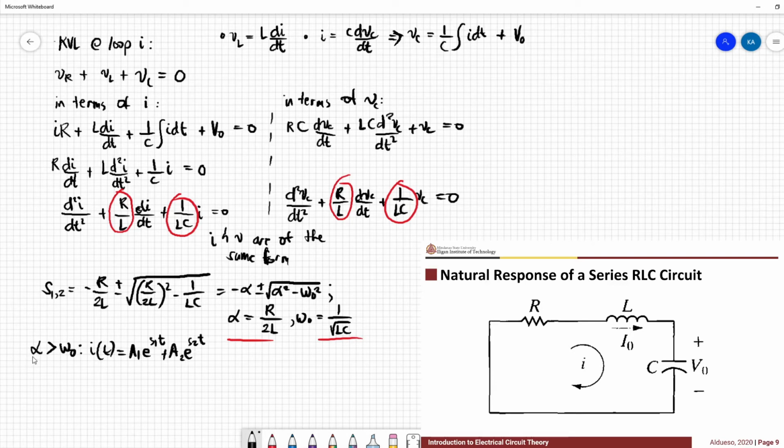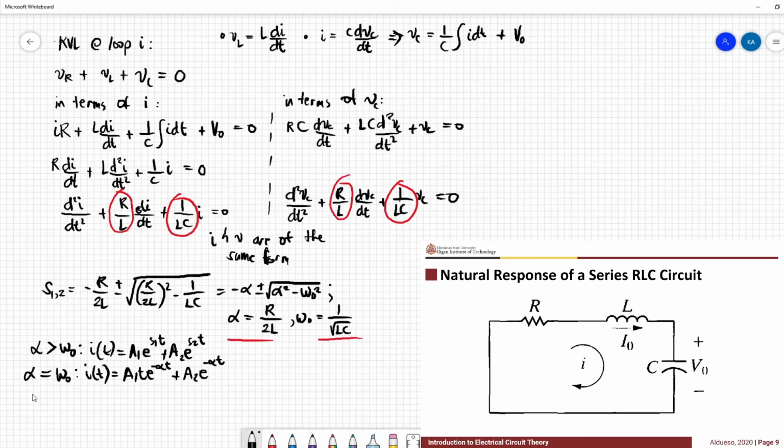For a critically damped circuit, where alpha is equal to omega naught, our expression for i(t) is A1 t e to the negative alpha t plus A2 e to the negative alpha t.